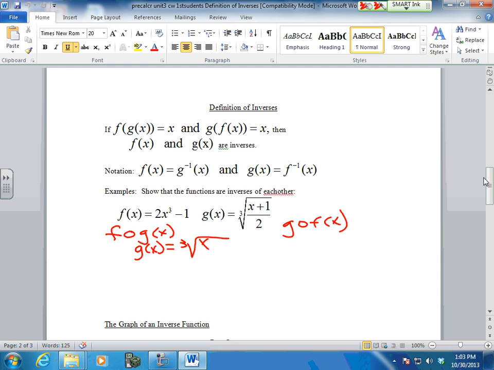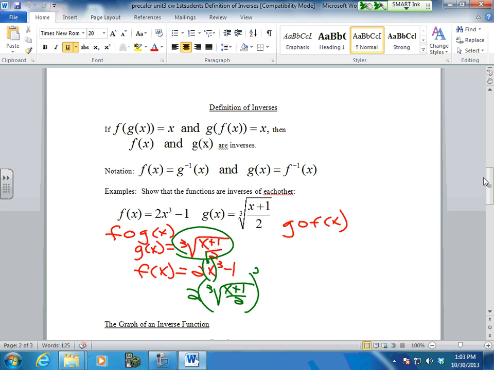that's a cube root, and we're going to plug this into your f of x. We're going to take this side and plug it into this x. 2 times the cube root of x plus 1 over 2, cubed, minus 1. When you cube a cube root, it's the same thing as when you square a square root.